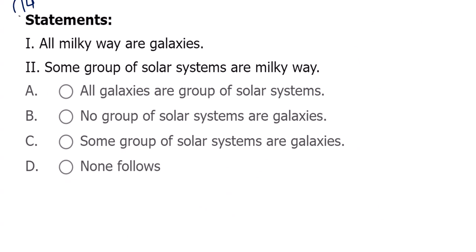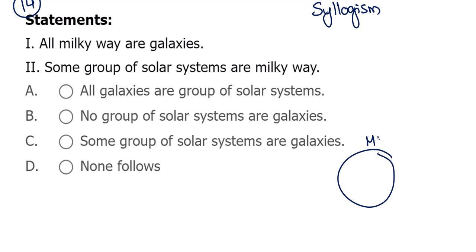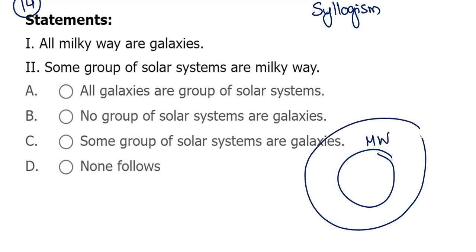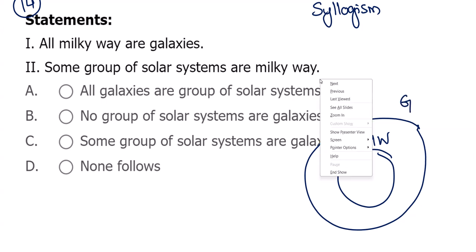Syllogisms related. First two statements are true, then which of the options will be true? All Milky Way are galaxies. Some group of solar systems are Milky Way.